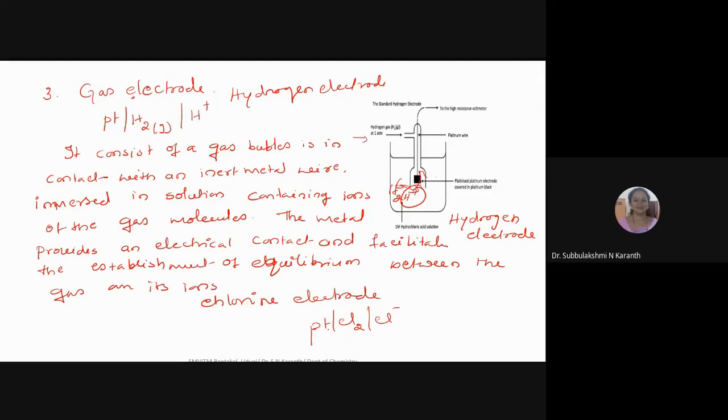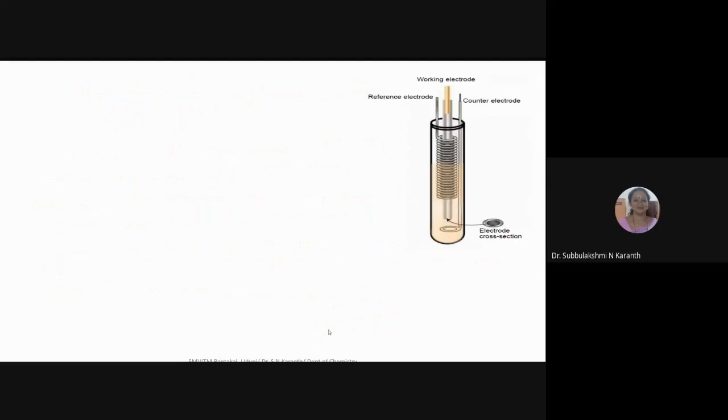And the fourth type of electrode is what we call a redox electrode, or oxidation reduction electrode. Oxidation reduction electrode is the fourth type, or it is simply called a redox electrode.